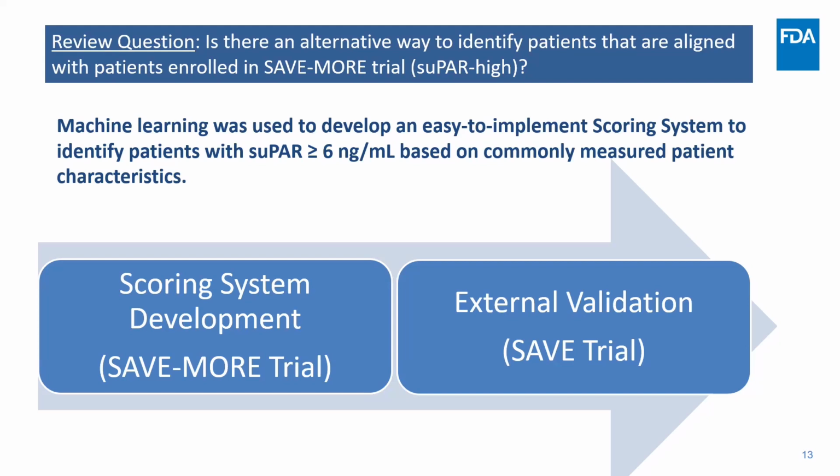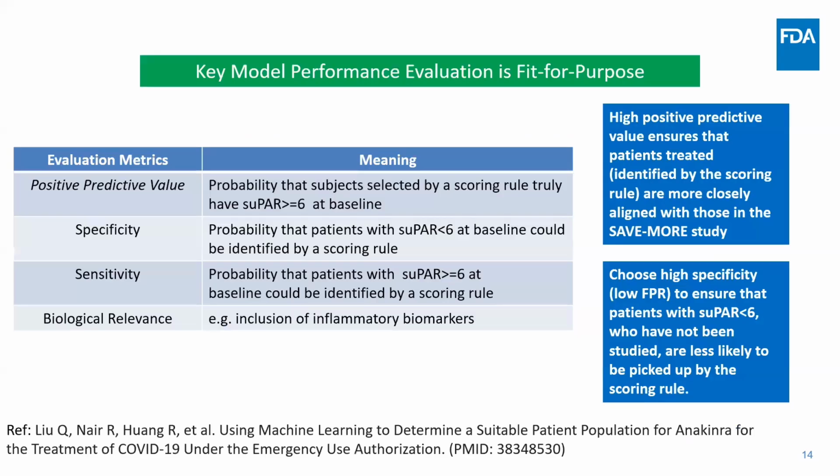We used a different study as an external validation to validate the developed scoring rule. We also have the post-authorization study, basically an additional study to further validate the scoring rule we developed. So this is our consideration.